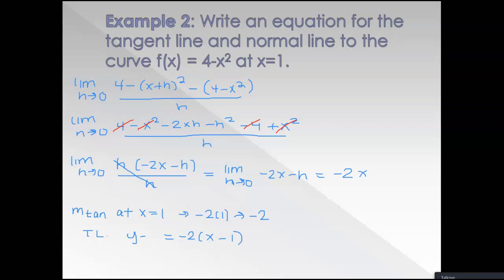Well, in this case, my x1 is the given 1. So my y1 occurs at f of 1. So I have to plug 1 back into the original to get my y1, which in this case is 3. So the equation of the tangent line would be y minus 3 equals negative 2 times x minus 1.